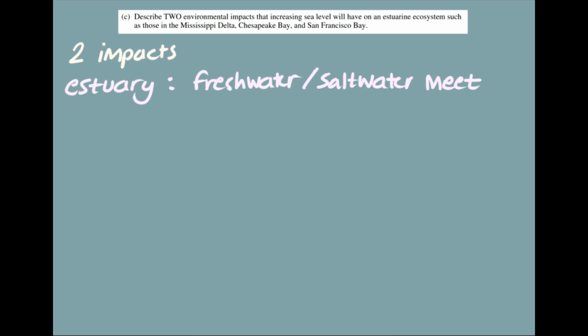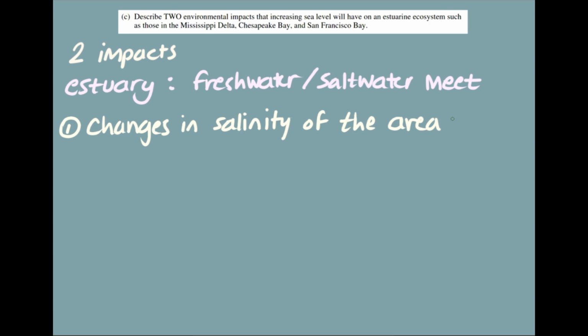So the first thing that I would say is that we're going to have a big change in salinity of the soil, and not all plants are adapted to soil salinity. So that would be my first pick. That's just one thing that comes to mind for me. So changes in salinity of the environment or of the area.